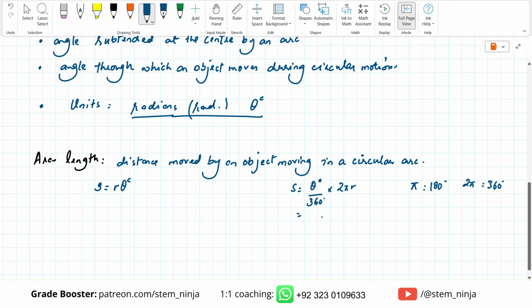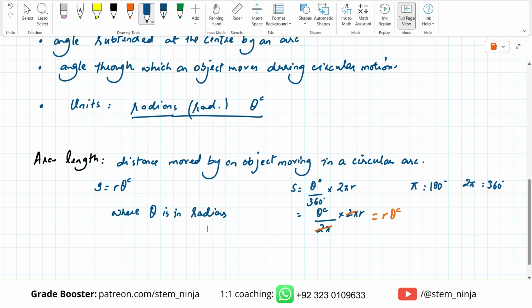So if you change the angle to radians, 360 becomes 2 pi, and this remains 2 pi r, so the 2 pi and 2 pi get cancelled, and we are left with r theta, where theta is in radians. So this is an important point: theta is not in degrees.